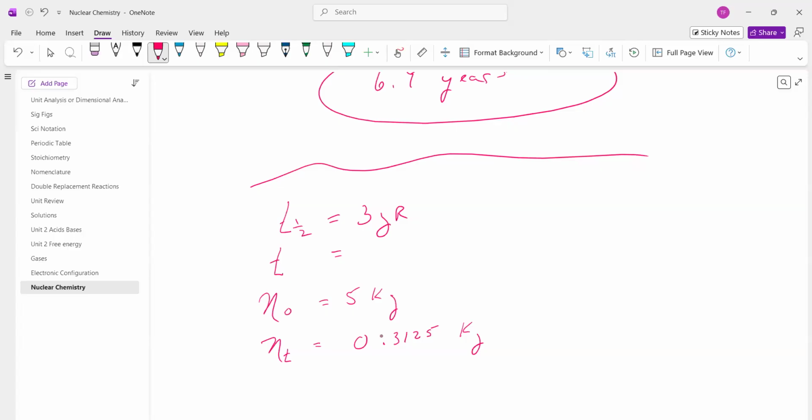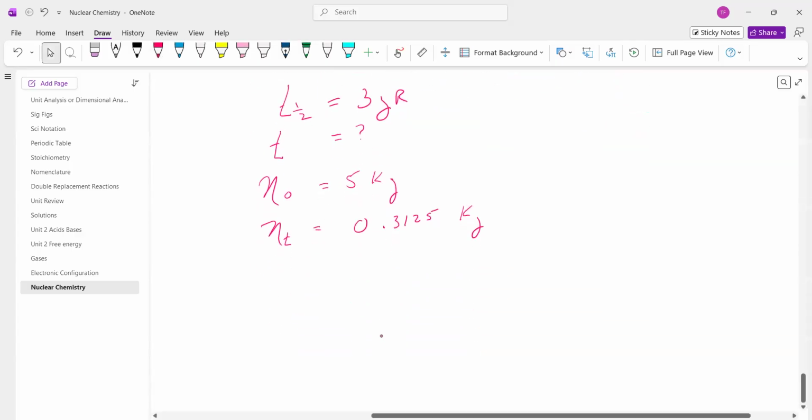Okay, so we don't know the time. How much time does it take to get to 0.3125 kilograms, starting with 5 kilograms as the initial mass? So we're starting with initial mass of 5.